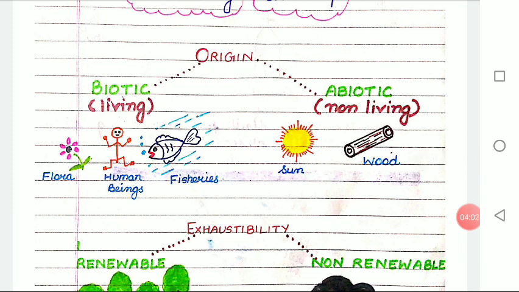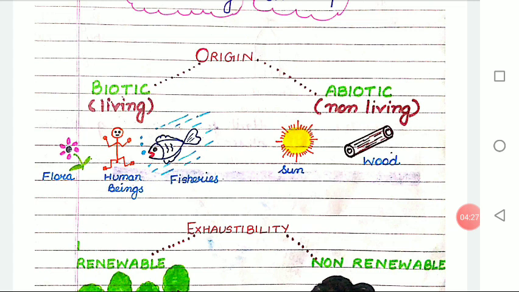Biotic means the living component. These are obtained from the biosphere and have life. For example, human beings, flora, fauna, etc. Abiotic means the non-living component. So all the things which are composed of non-living things are called abiotic resources. For example, rocks, metal, etc.